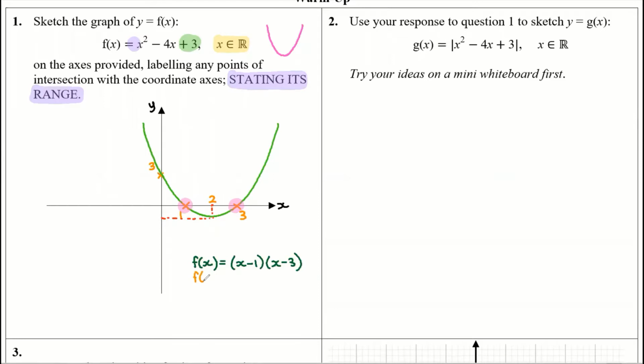So f of 2, shove 2 in. What do we get? Well, we're going to get 2 subtract 1, which is, of course, 1, multiplied by 2 subtract 3, which is, of course, -1. So it appears that the minimum will be at -1.